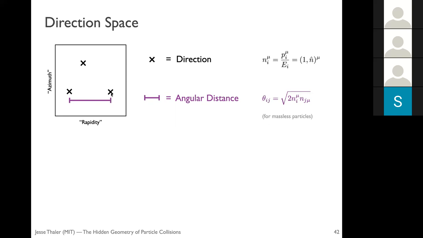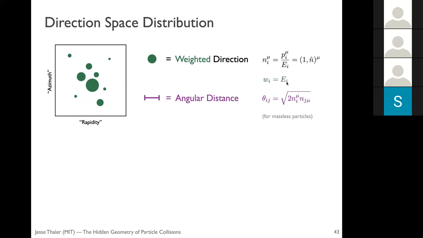And what we did is we took those directions, we weighted them by their energy, and we took this point cloud of weighted directions, and we mapped that onto a single event. So this is the usual geometry that's now been mapped to a single point.